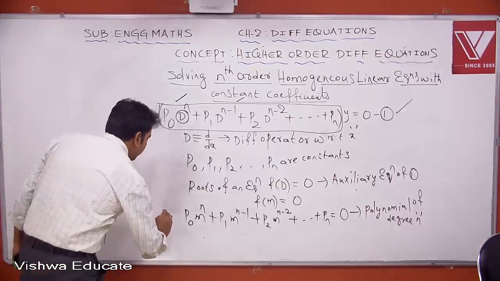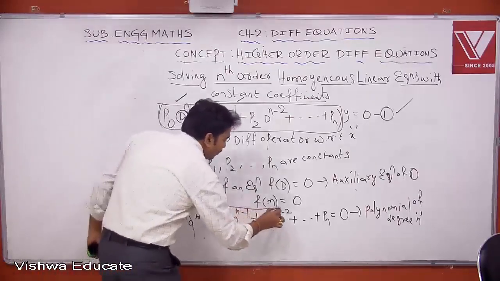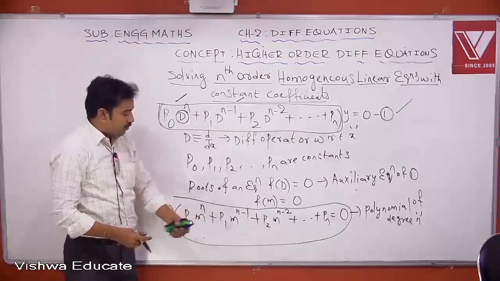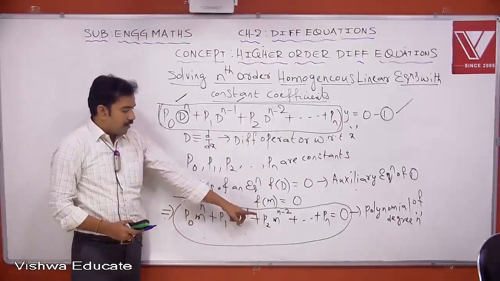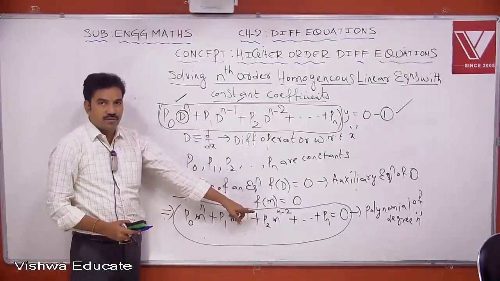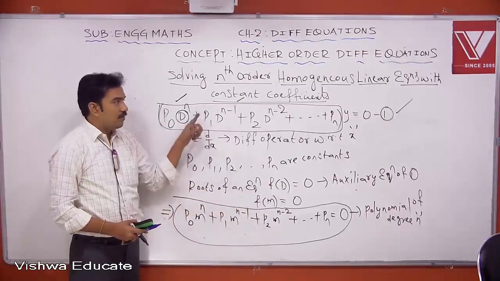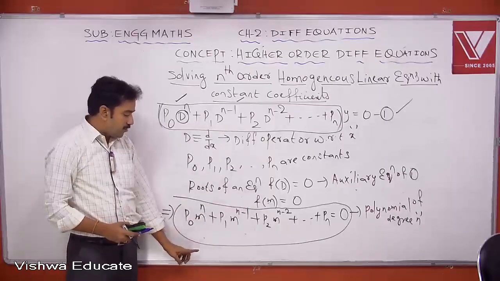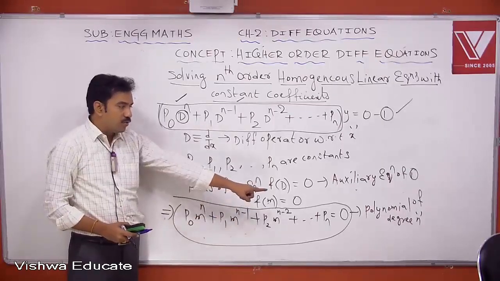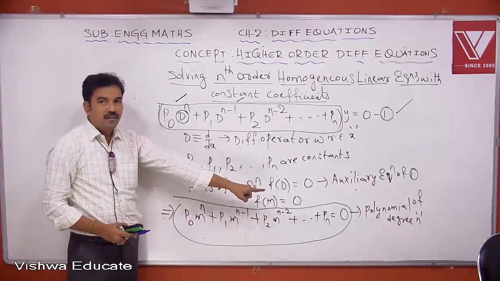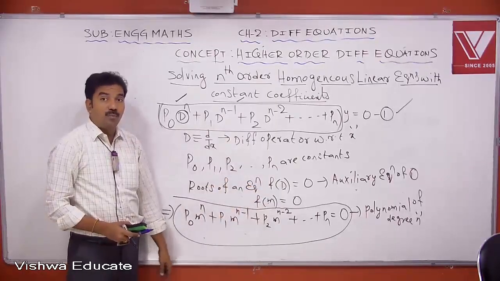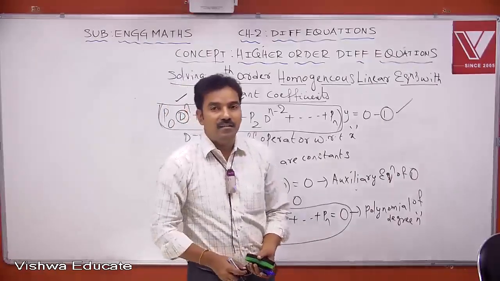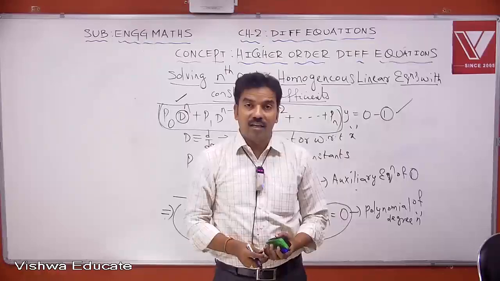This implies p naught into m power n plus p1 into m power n minus 1 plus p2 into m power n minus 2 plus and so on plus pn equal to 0, which is a polynomial of degree n, hence it has exactly n roots.